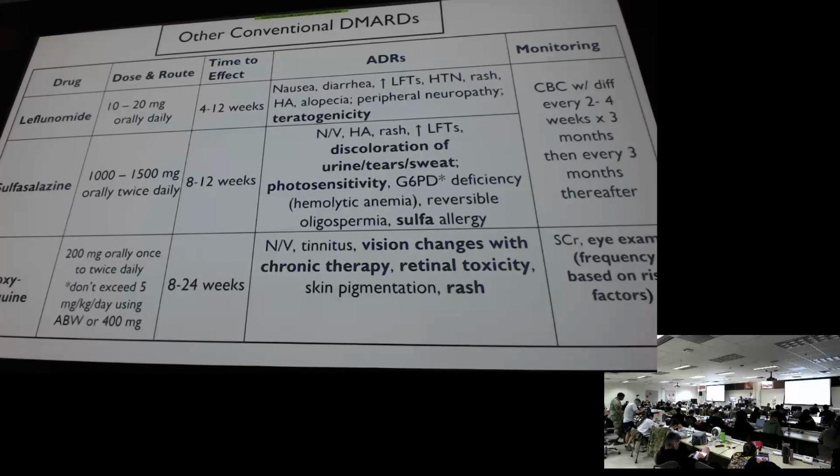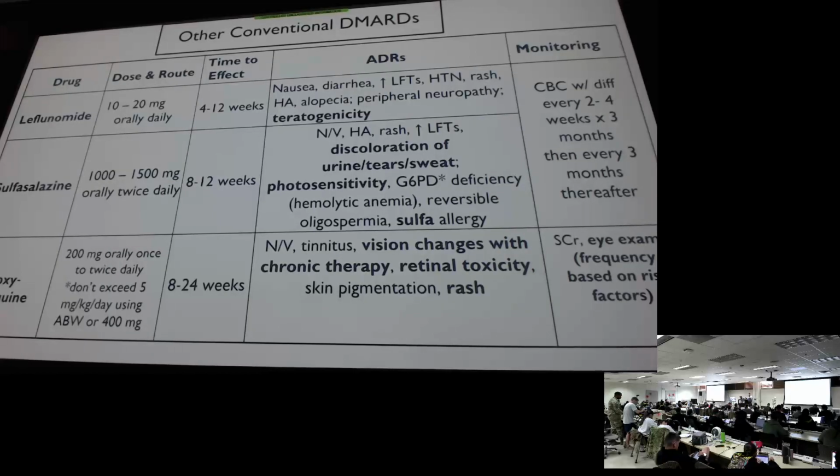Something interesting about the sulfasalazine. We talk about it in GI for another autoimmune disease, IBD, but you've probably heard of it before because it has a unique adverse effect, it's not really adverse, a non-harmful discoloration of the urine and tears and sweat. Orange urine, tears, and sweat, and for some reason the board likes to ask about it.